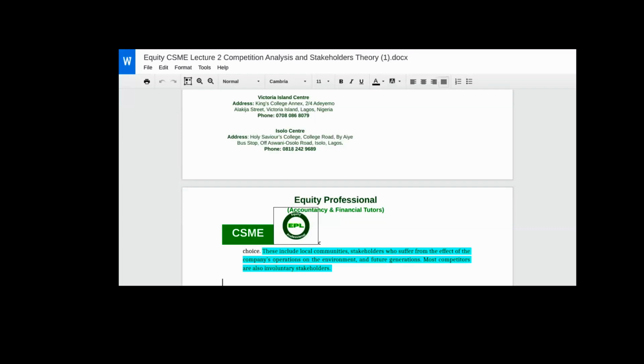By host community, I mean the community where our company branch or head office is. Automatically they are our stakeholders because they are the ones hosting the company. So those are the people that we say involuntarily they are stakeholders of the company. Just like government. Government is an involuntary stakeholder because they are the ones regulating, they are the ones collecting tax.